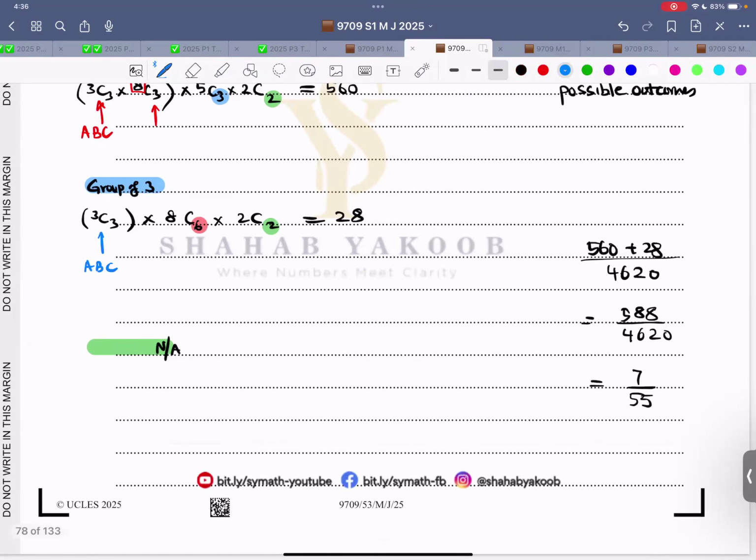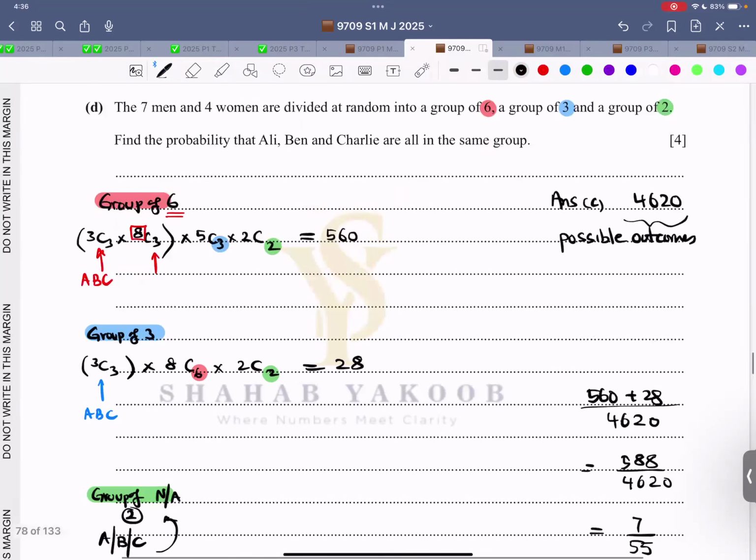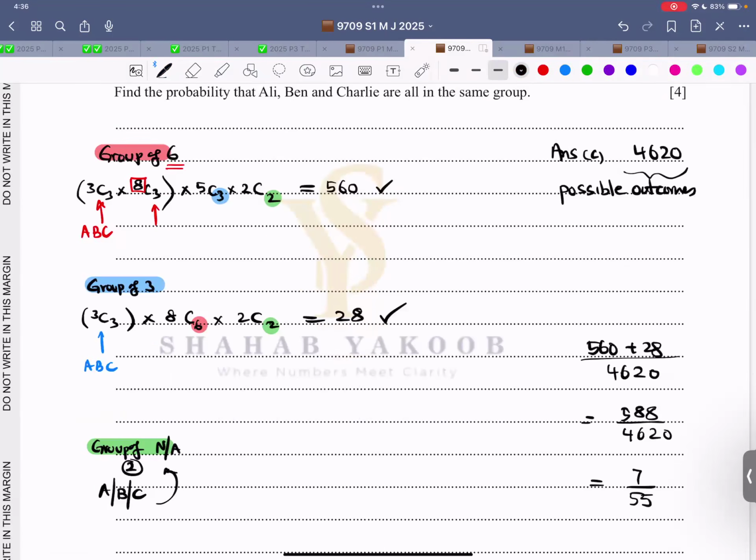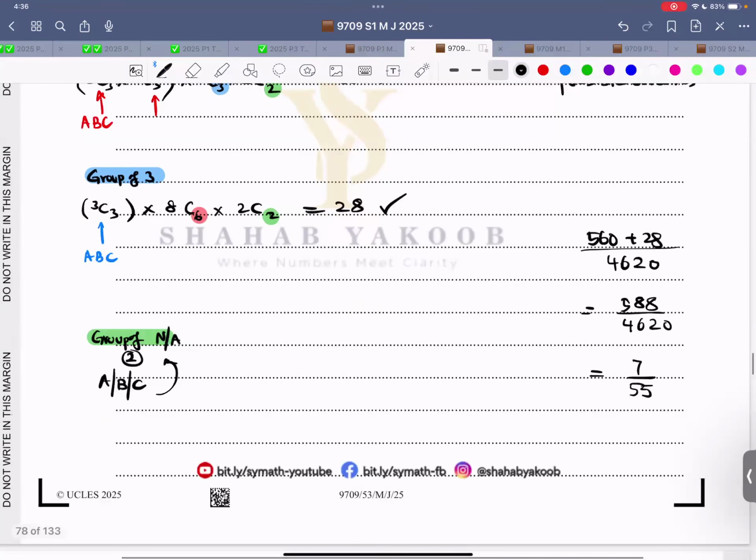What about group of 2? Group of 2, that is not applicable because there are 3 people A, B, C. So this scenario is not applicable. So if I take 560, if I take 28, I add it up, that is 588.